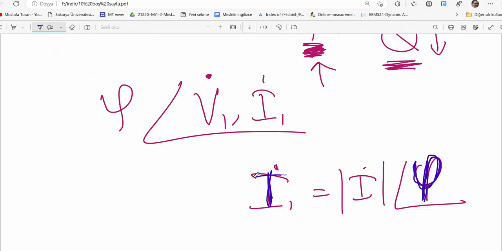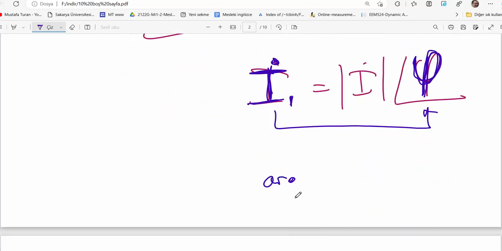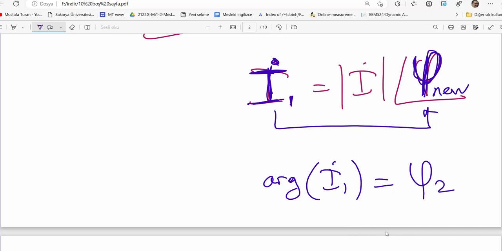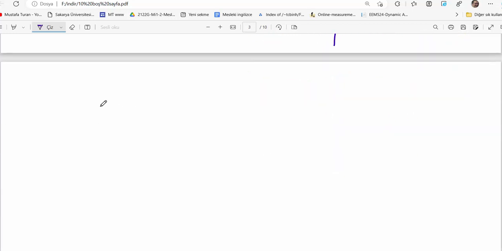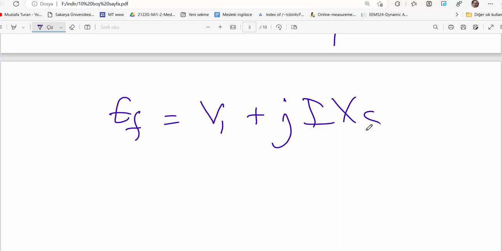If you calculate that, you can easily calculate the argument of the I1 phasor, which is the second value of the phase angle. So our new objective is to calculate the new current. The new current again comes from the equation here, that is the generator relation.